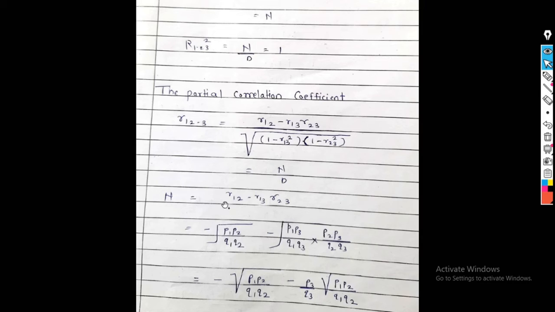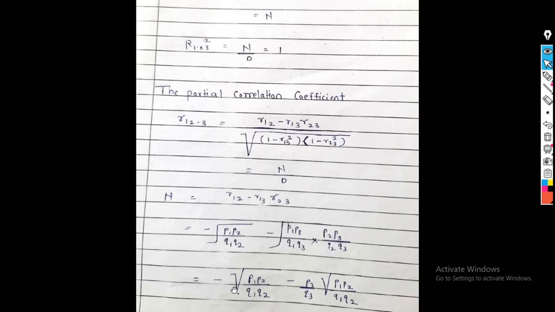We know that R12 is the correlation coefficient between x1 and x2, R13 is between x1 and x3, and R23 is between x2 and x3. So R12 is minus square root of P1 P2 divided by Q1 Q2, minus minus square root of P1 P3 divided by Q1 Q3, because this minus and this minus become plus and this minus is as it is, into square root of P2 P3 divided by Q2 Q3.